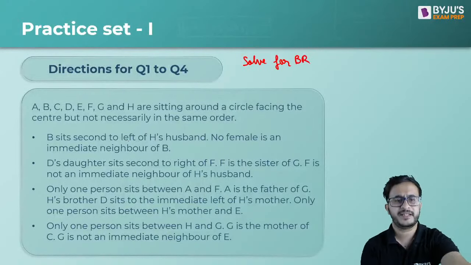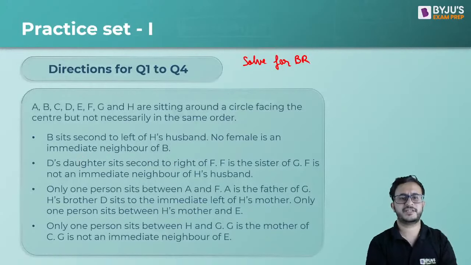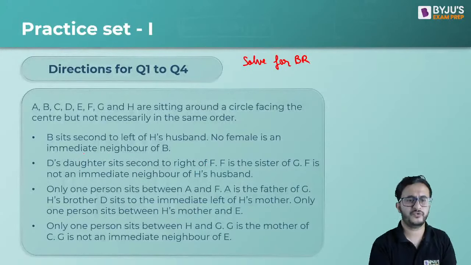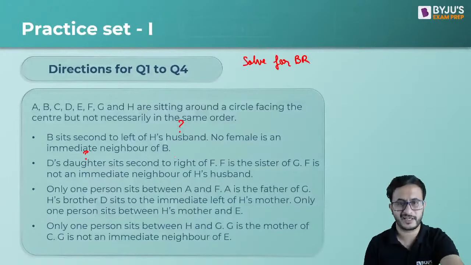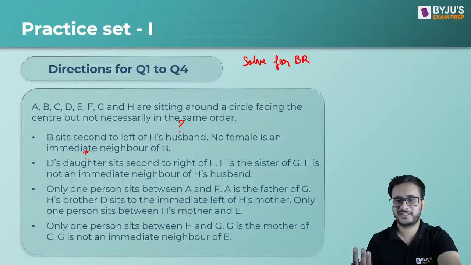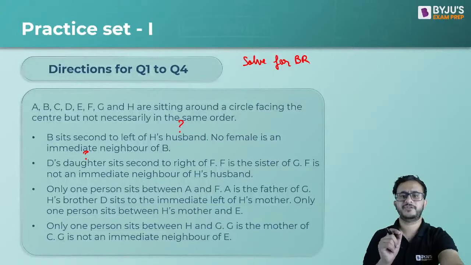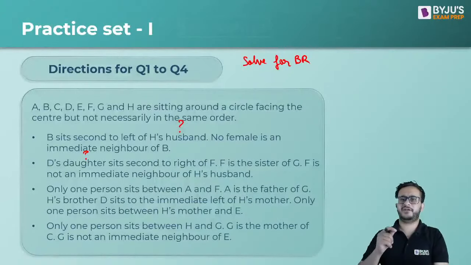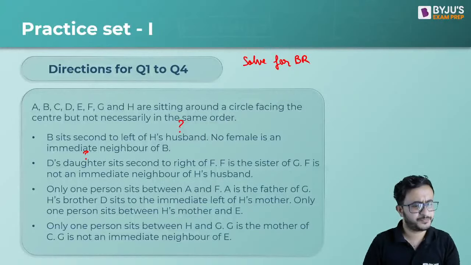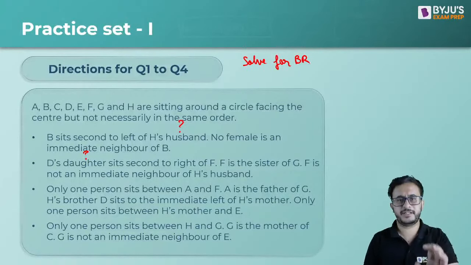Because if I say that D's daughter sits second to the right of F, I do not know who D's daughter is. If I say B sits second to the left of H's husband, I do not know who H's husband is. I do not know these names. So in order to find out, the first thing should be to solve for blood relations, and then we'll find out who is sitting at which of these positions. Yes, Satyam, you rightly said that we'll find the blood relations first.